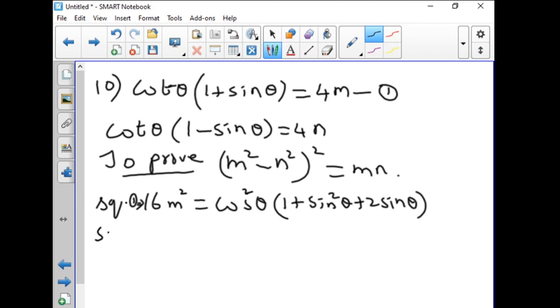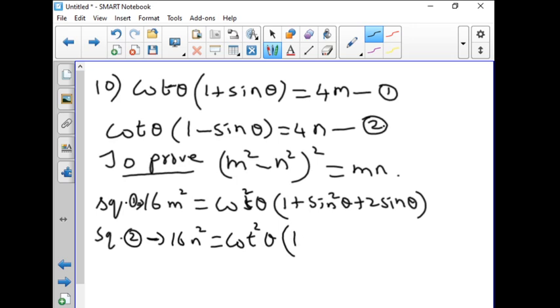Then squaring the second one, we get 16n square is equal to cot square theta into (1 plus sine square theta minus 2 sine theta).